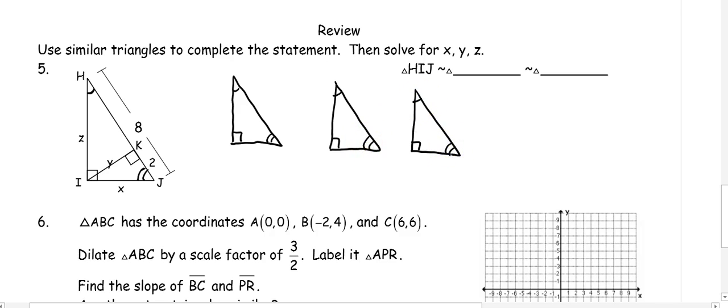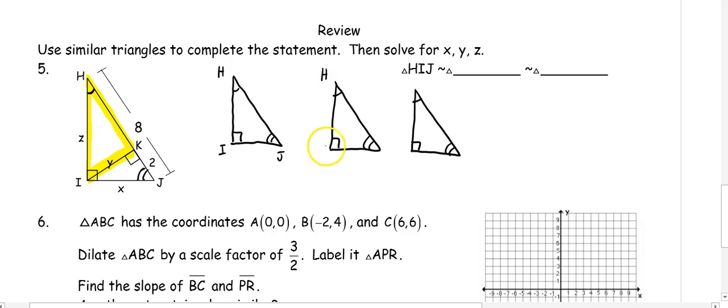So the first triangle is going to keep the original, so H is the top angle, I is the right angle, and J is the bottom angle. Then if I look at one of the smaller triangles, we see that H is repeating, has the same congruency mark, so we're going to put H at the top.